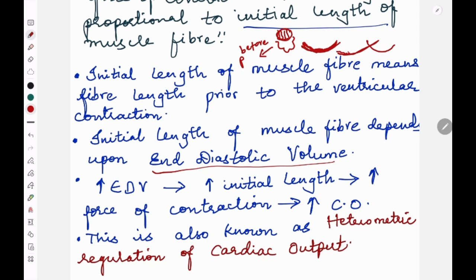So if the end diastolic volume is more, that means the blood coming to the ventricle is more, then there is more stretching of the ventricular muscle. That will lead to increased force of contraction, and that will ultimately lead to increased cardiac output. So this is what the law is trying to explain. This is also known as heterometric regulation of cardiac output.